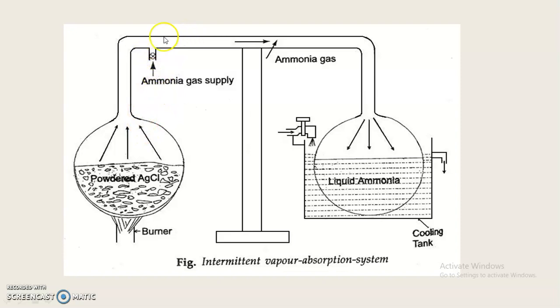The ammonia gas and the powder mix. The gas goes to another tank, the cooling tank, cooled with the help of water. This chamber is filled with liquid ammonia. After it evaporates, the powder absorbs it and it goes back in the original direction. From this process, we get the chilling effect from the liquid ammonia in the cooling tank.